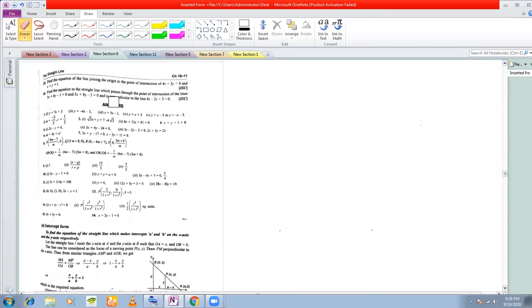Let us take two straight lines, one this way and one this way, and call the point of intersection P. We want the line that passes through P and also through the origin.